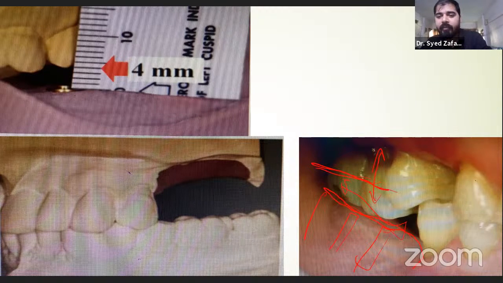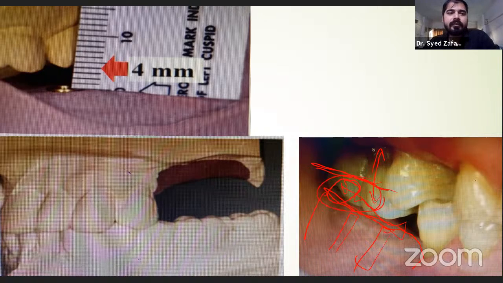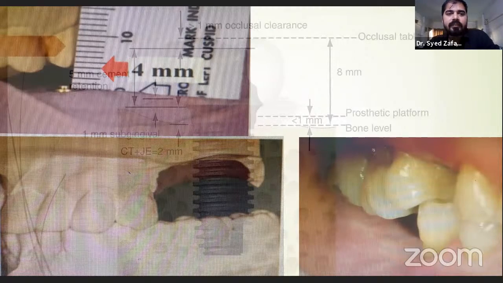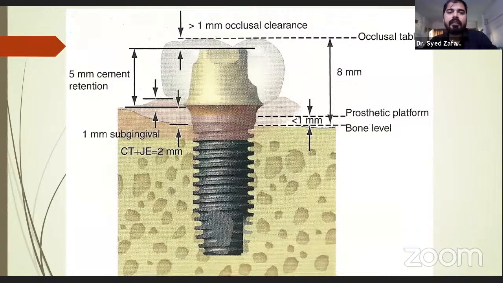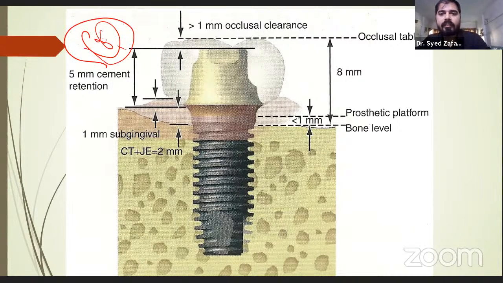Minimum 5 mm space is required for the crown, and from the bone to the occlusal plane, 8 mm space.